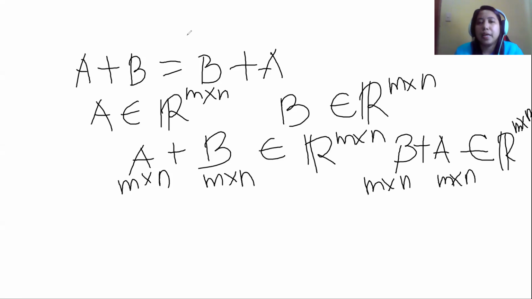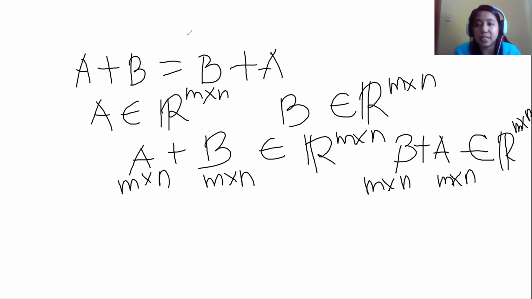Okay, so in these first few steps, we were able to show that the result of A plus B and B plus A will be in the form M times N. This is of course an assumption, because we can only add matrices of the same dimension: M times N and M times N have the same dimension.